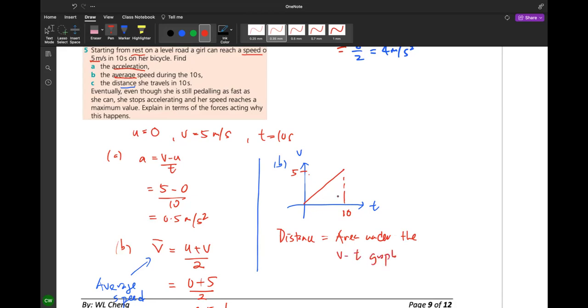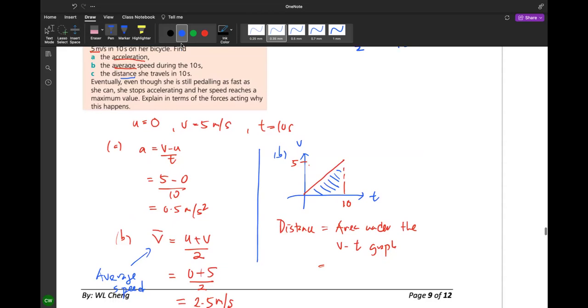So this is the graph. The area that we need to find is the area under the graph. So what we need to find is the area of this triangle. Are you able to find the area of a triangle? You have to use half times base times height. So what is the value of the height, the distance?